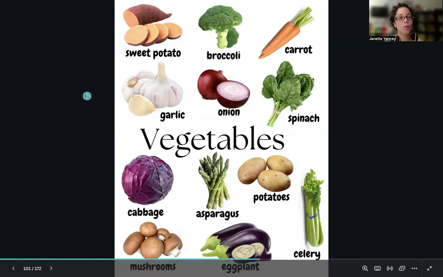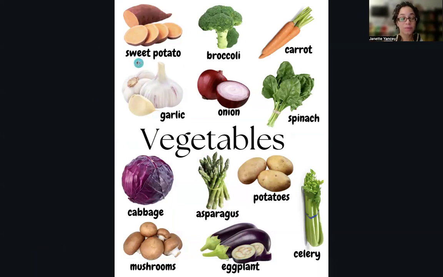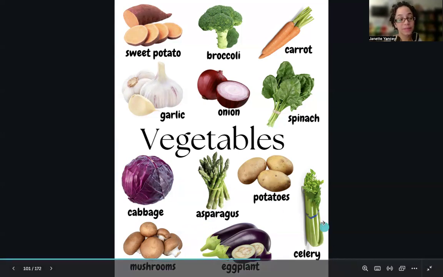Vamos a hablar de vegetales un momentito. Sweet potato, broccoli, carrot, garlic, onion, spinach, cabbage, asparagus, potatoes, celery, mushrooms, que son hongos, eggplant.